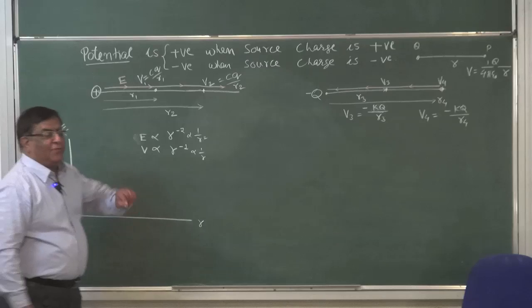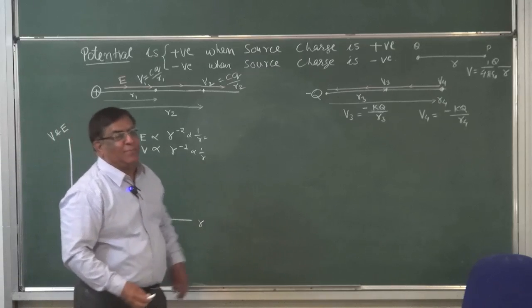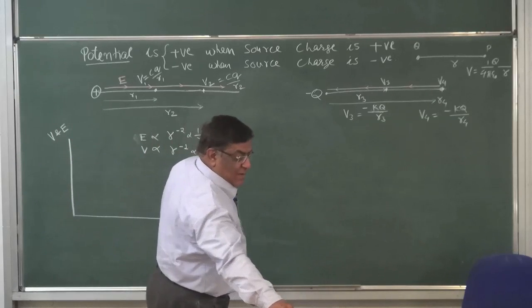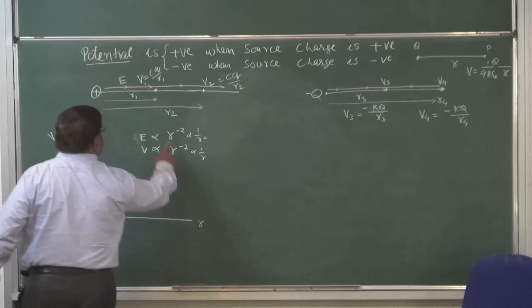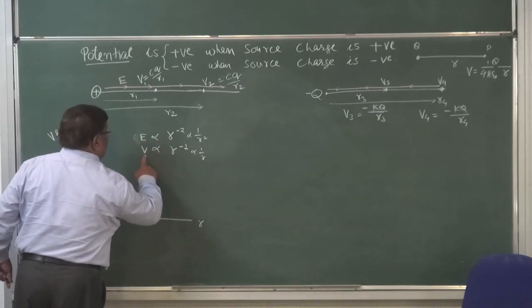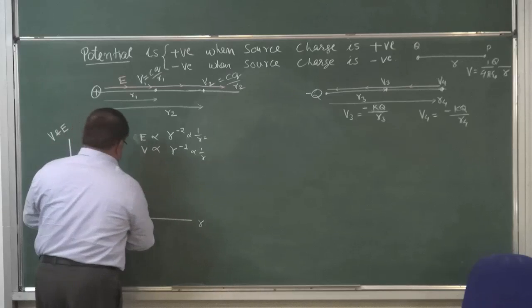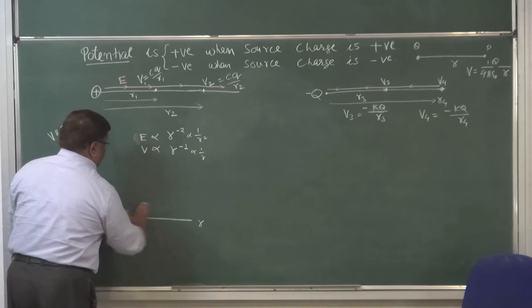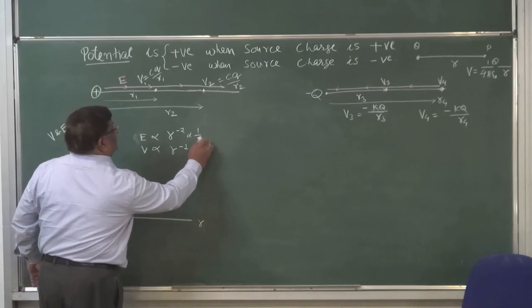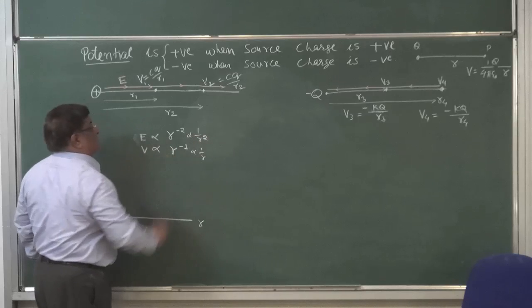Is it clear? Now if you make a graph of it, what should be the shape of that graph? With this you can make out, if we increase r 3 times, which will decrease more?